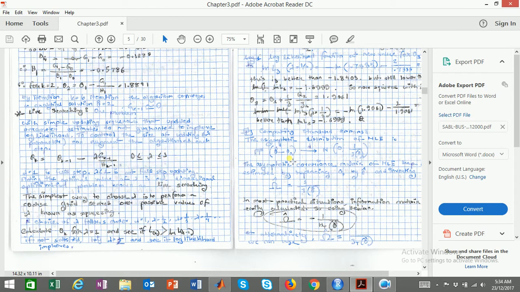The asymptotic distribution of the maximum likelihood estimator is that the square root of T times theta hat minus theta naught tends to a normal with mean 0, and the variance is the negative of the inverse of the information matrix. So the asymptotic covariance matrix of the maximum likelihood estimator is estimated by replacing theta naught by the estimated parameter and inverting the information matrix.